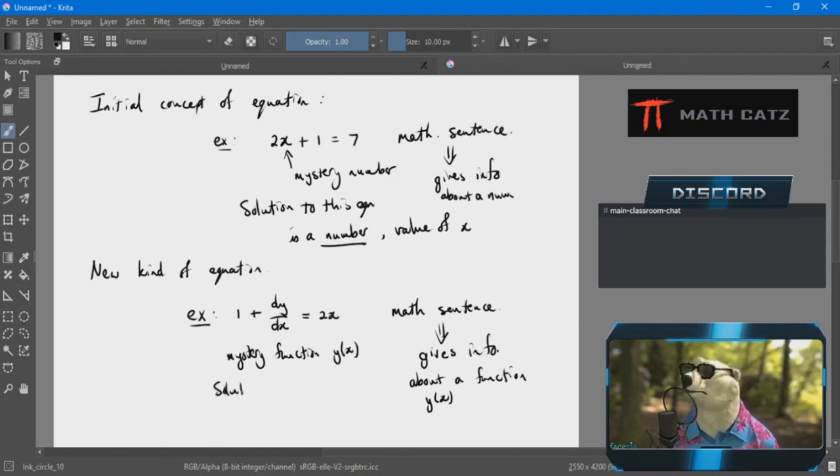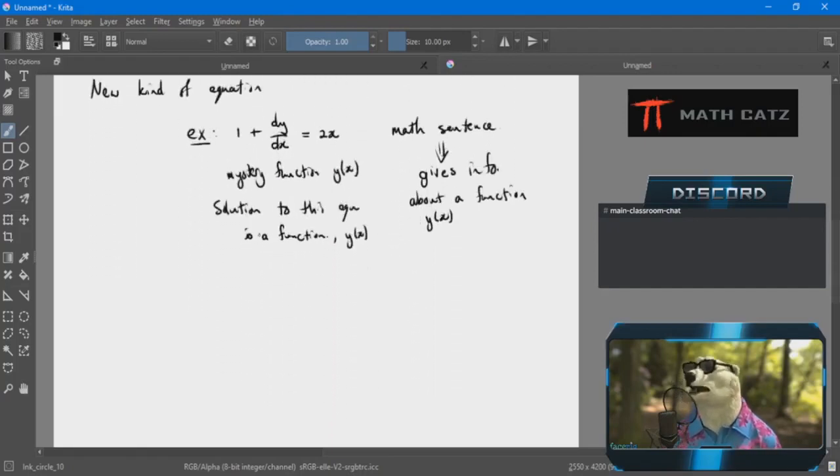So the solution to this equation is therefore going to be a function. Now that's going to be the function y of x. Now, yes, it depends on the complexity, just like before, where I could have multiple answers, but those answers are all going to be functions. So I have a new kind of equation, and we're going to call that appropriately a differential equation.